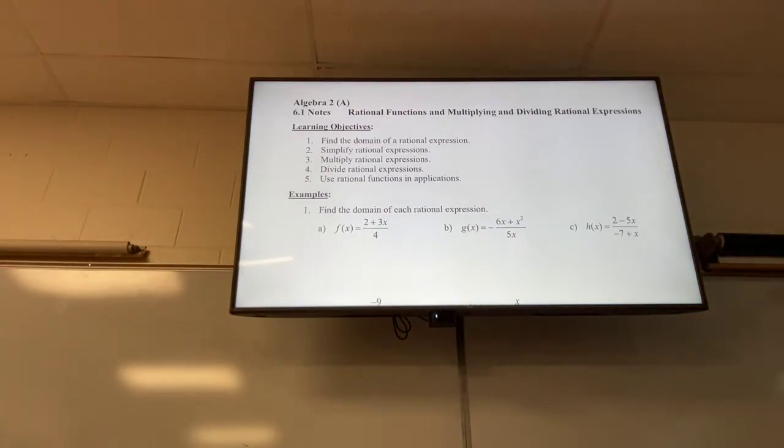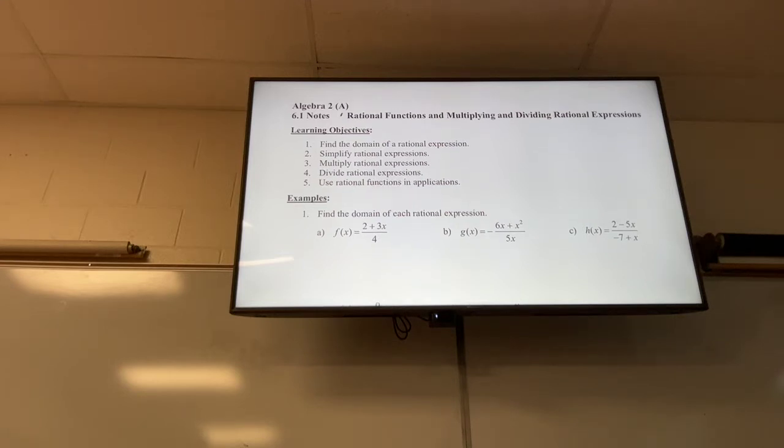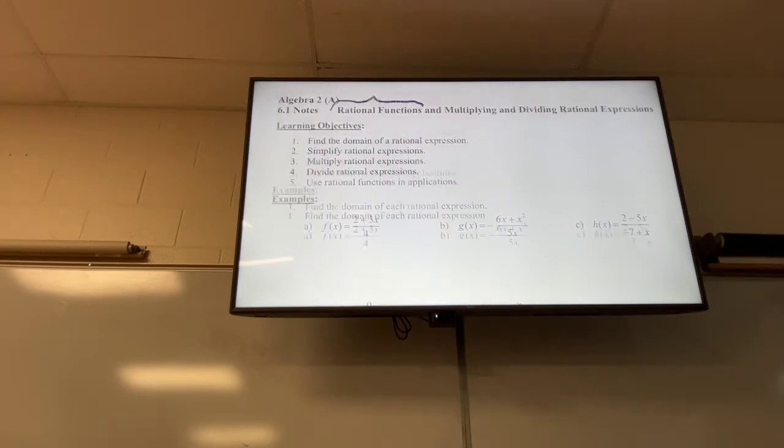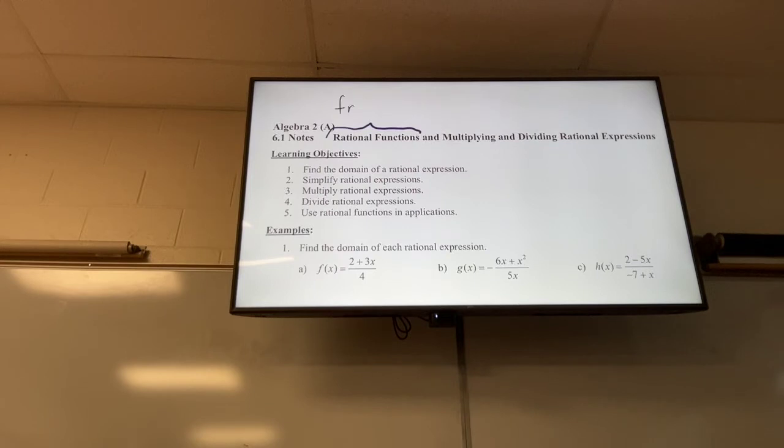So first lesson, this chapter is all about what are called rational functions. See that right here? These here are rational functions. A rational function is like a fraction of 2 polynomials, basically. That's the best way to describe it.